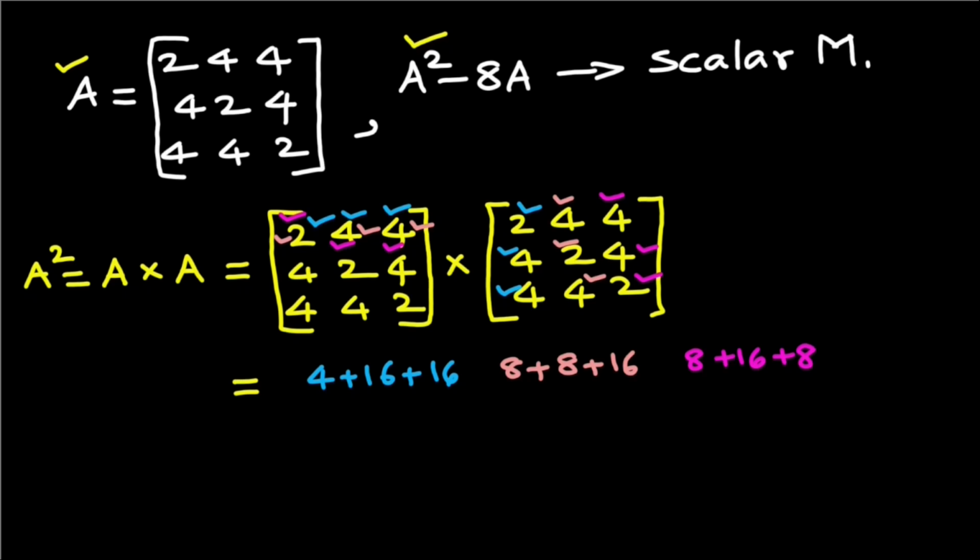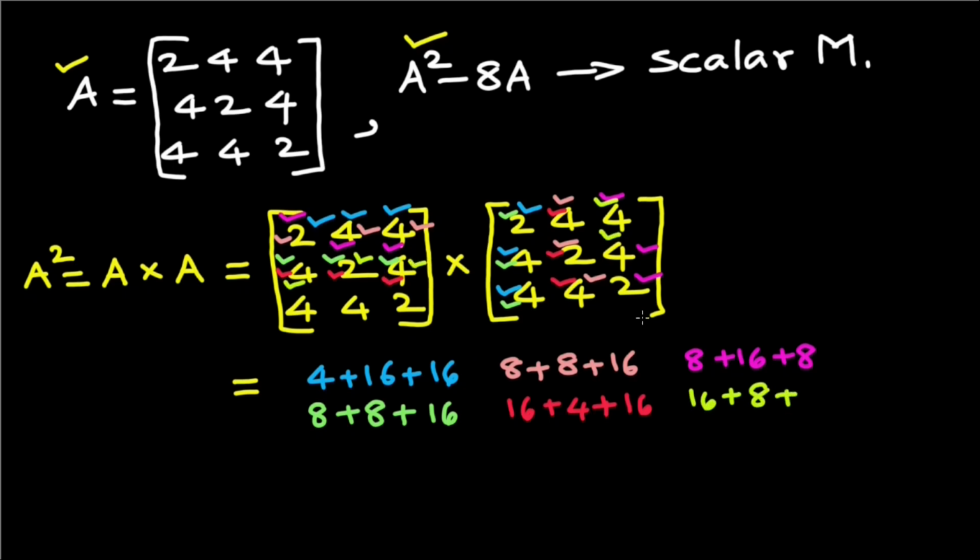Now the second row: 4 2s are 8 plus 2 4s are 8 plus 4 4s are 16; 4 4s are 16, 2 2s are 4 plus 4 4s are 16. Next 4 4s are 16, 2 4s are 8 plus 4 2s are 8. This forms our second row of the resulting matrix.